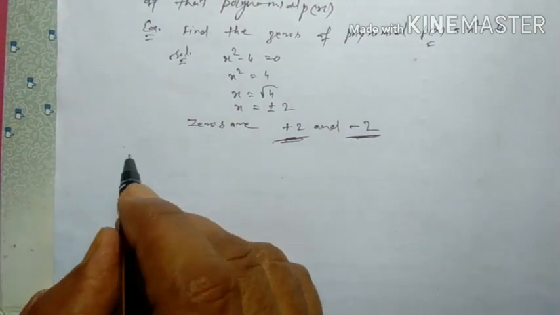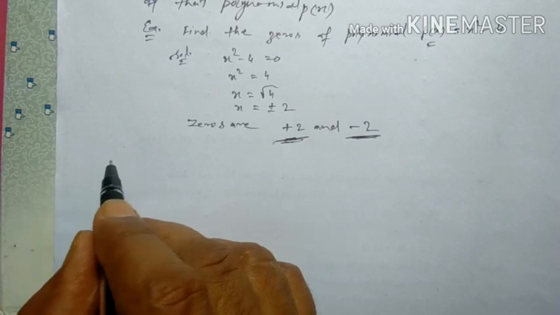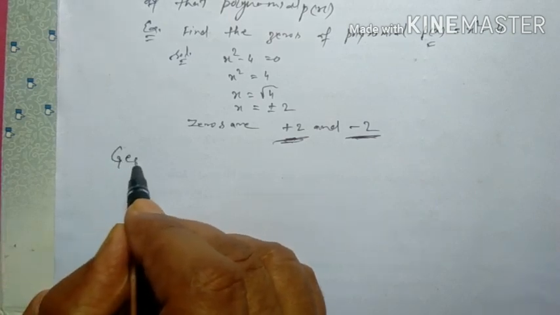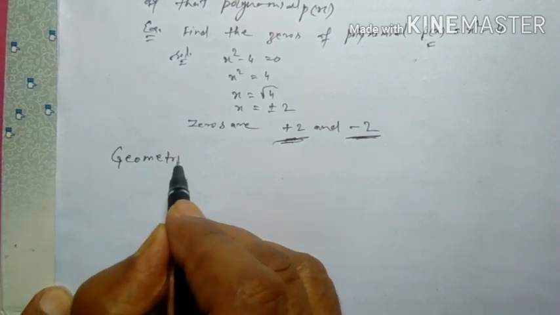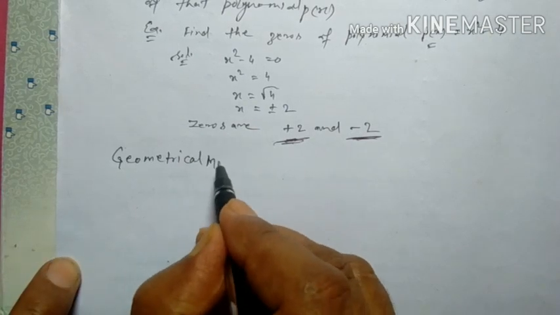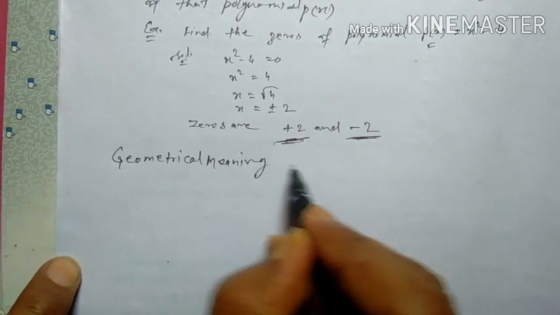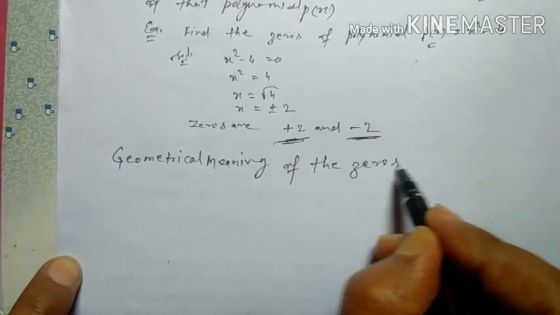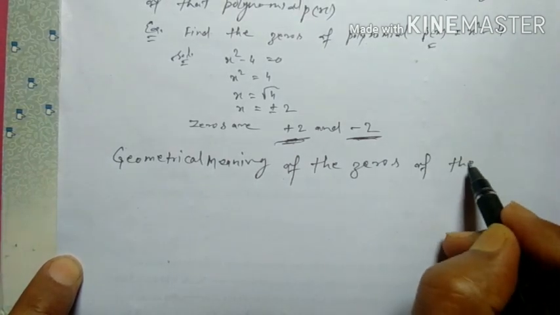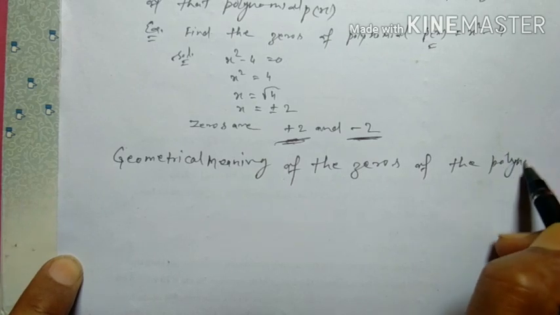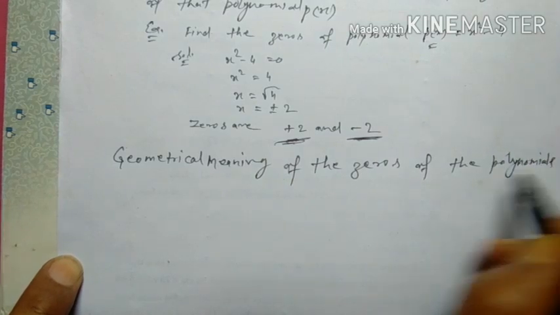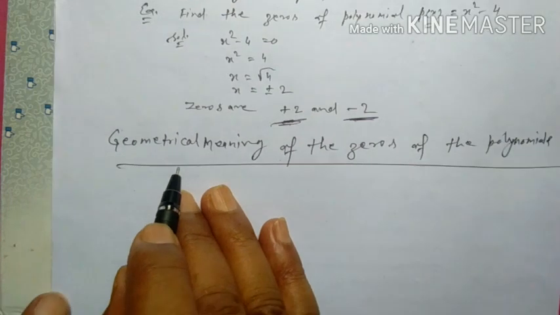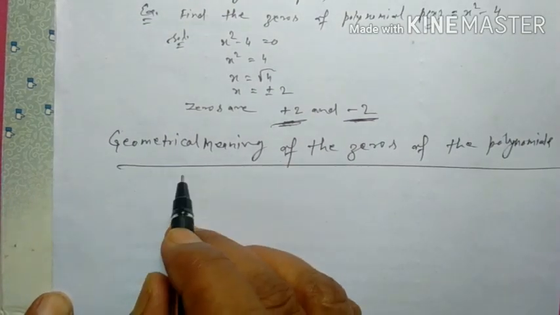Now we will study about the geometrical meaning of the zeros of a polynomial.